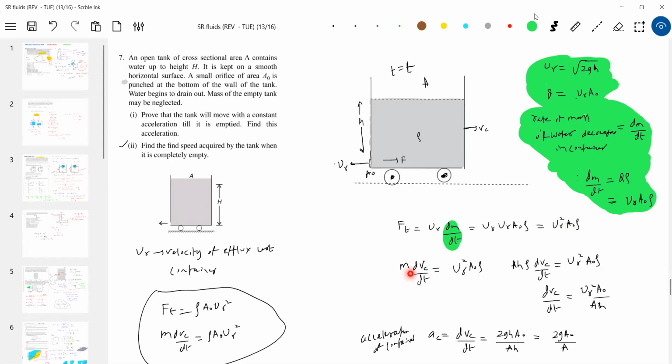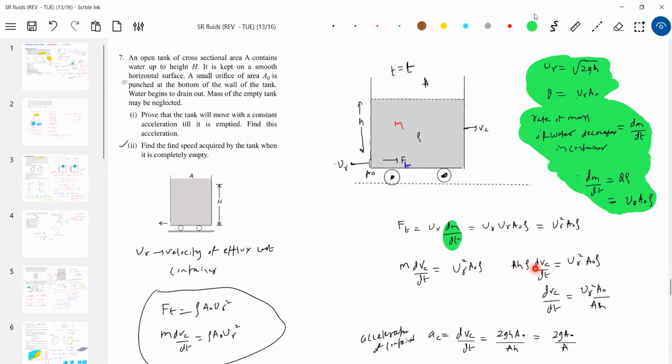Now come for this one. This thrust force will make it accelerate, no? The thrust force will make it accelerate the container. So m dvc by dt, velocity of container vc, equal to UR square A naught. Okay, what is m? Mass of the liquid at any time t.